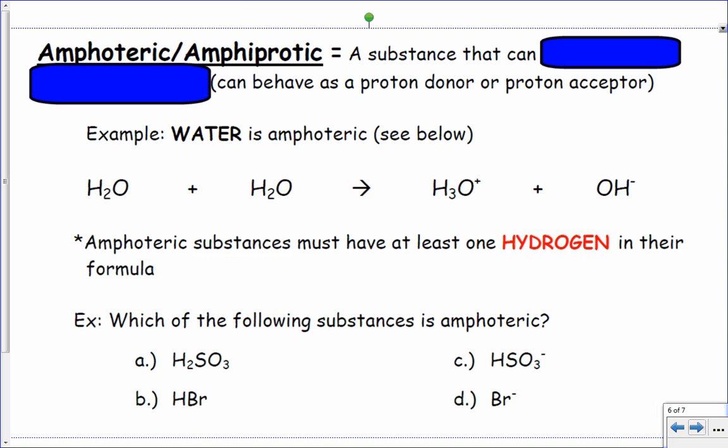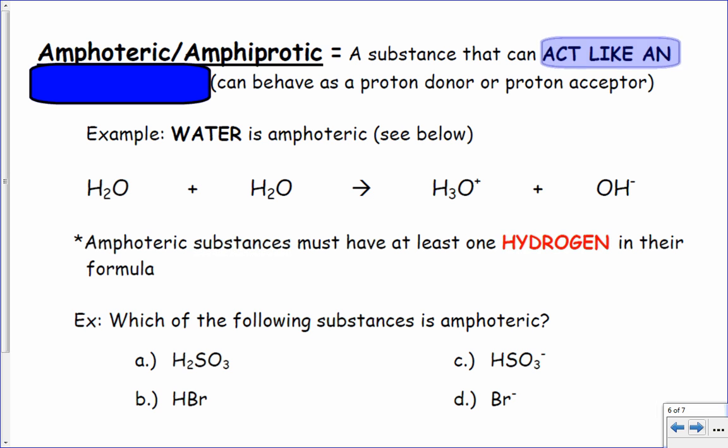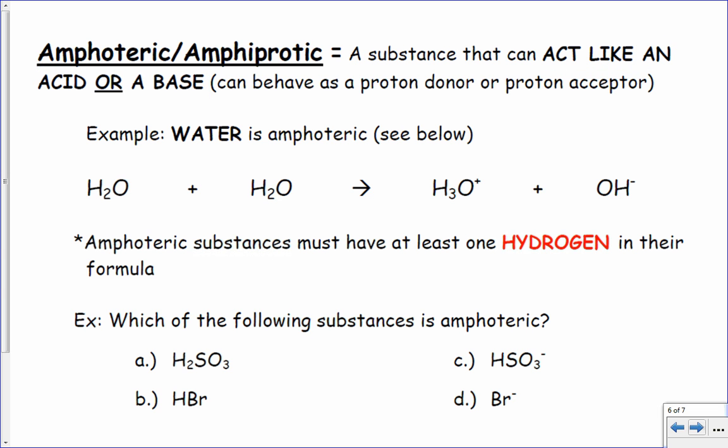Okay. More chemistry stuff that we just got to make sure that we cover. A substance can act like an acid or a base. Amphoteric. Ambidextrous. I can use my right hand and my left hand. Wonder if I can do something with that to make sure I remember. But water can act like an acid or a base. And here's a reason.